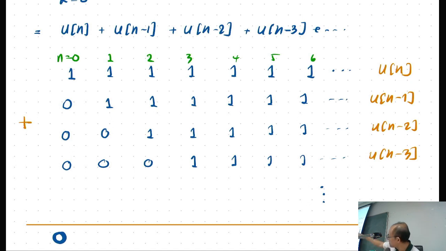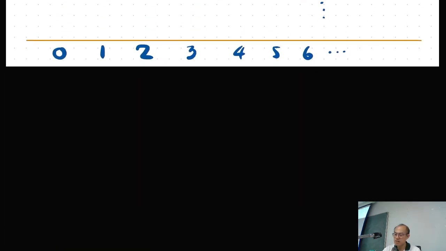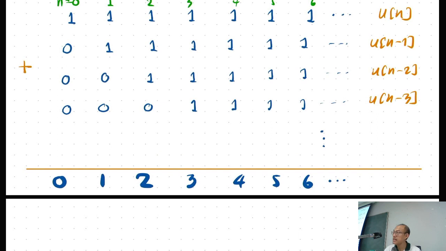At n equal to 1, you're going to have 1. At n equal to 2, you're going to have 2. At n equal to 3, you're going to have 3, 4, 5, 6, and so on.